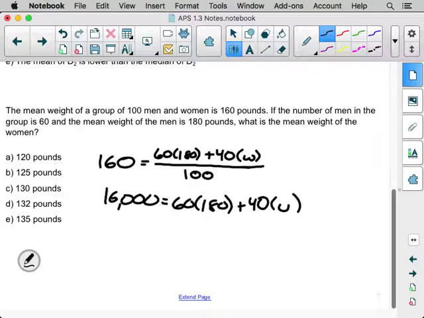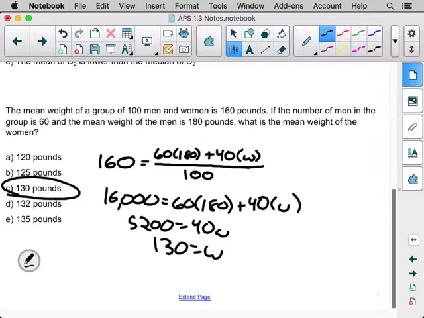So that's 16,000 minus that 60 being multiplied by the 180. So I just subtract this whole thing over, which leaves me 5,200 equals 40W. And now what was the last thing again? Divide by 40. And there you go.